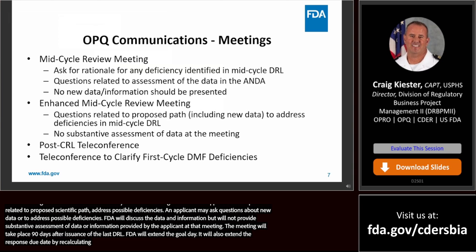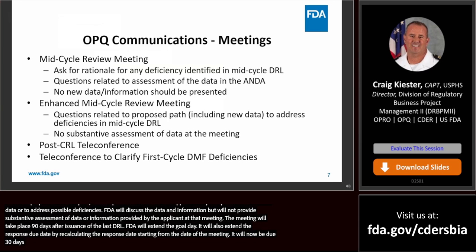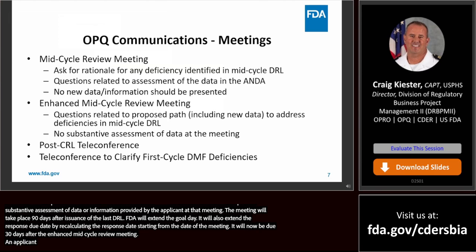For example, if we initially requested 30 days after the DRL, it will now be due 30 days after the enhanced mid-cycle review meeting. An applicant may submit an unsolicited amendment after an enhanced mid-cycle review meeting, which could result in additional goal date extensions as well.